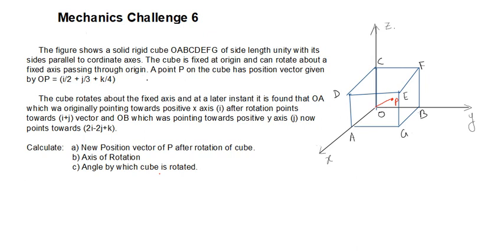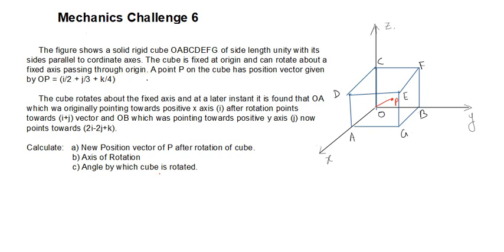So sides of this cube are parallel to the axes of this XYZ coordinate system. OA is along the X direction, OB is along the Y direction, and OC is along the Z direction. The cube is fixed at origin and can rotate about a fixed axis passing through origin.